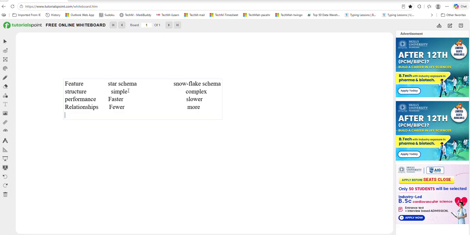And now ease of use. For star schema, how easy or difficult is it? Easy, right? But snowflake schema, compared to star schema, is somewhat difficult. So we can write it here: difficult.